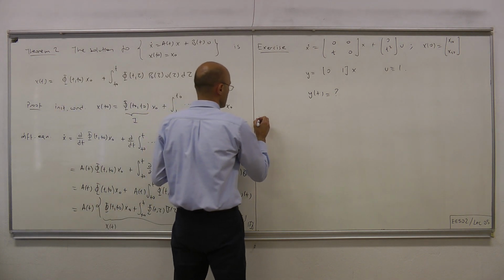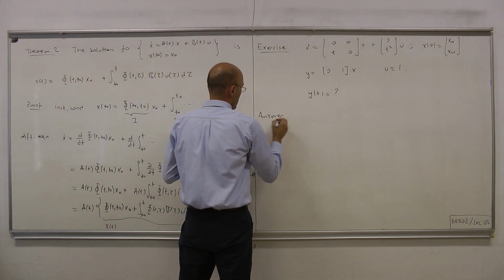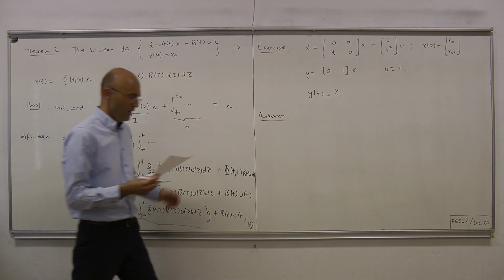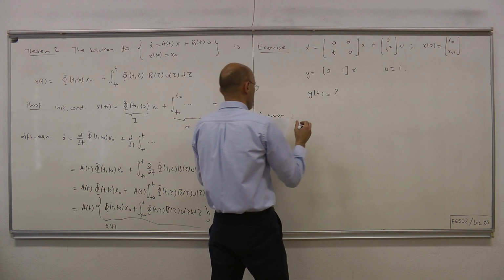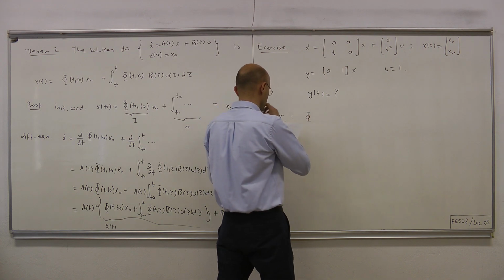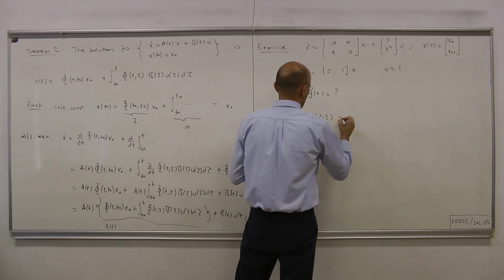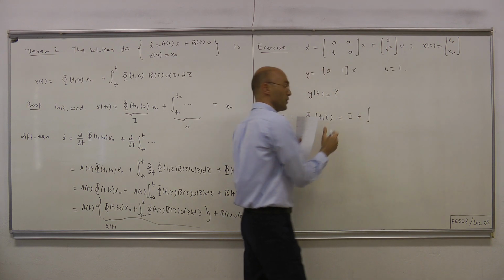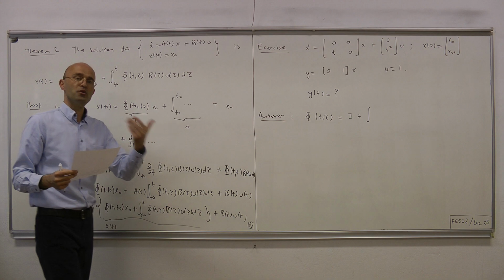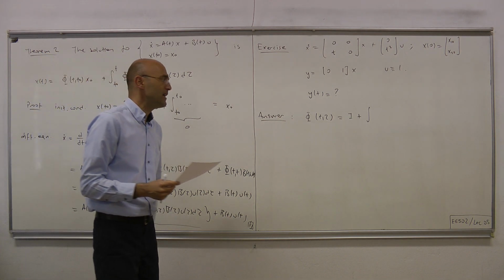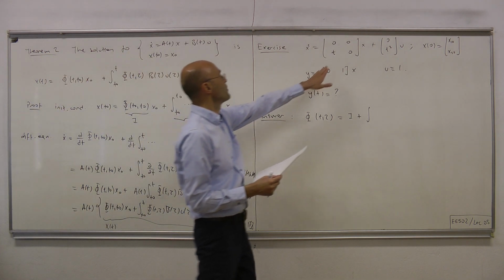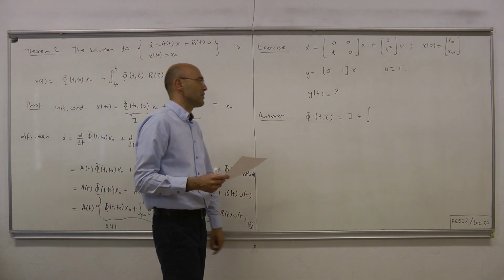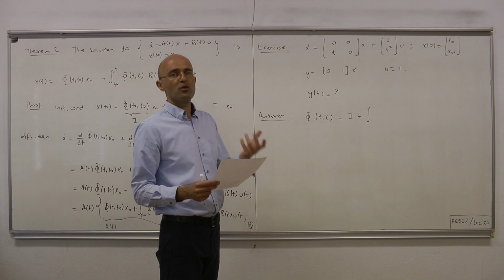Okay, here is part of the solution. Since it's not the entire solution, I'm calling it the answer. Let's compute the state transition matrix. Phi equals identity plus, so we're using the Peano-Baker series, where we have to add infinitely many terms. But since we have a very special A matrix, the Peano-Baker series contains only 2 terms.